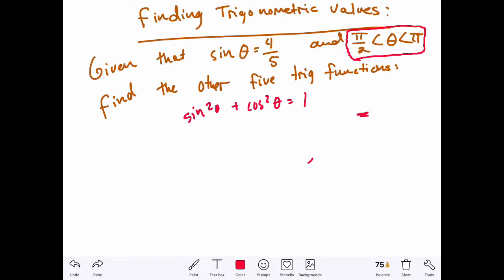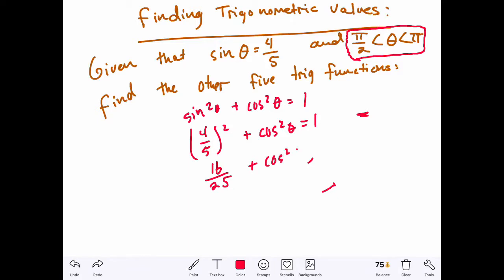Well, if sine is 4/5, let's plug it in. 4/5 squared is 16/25. Subtract 16/25.